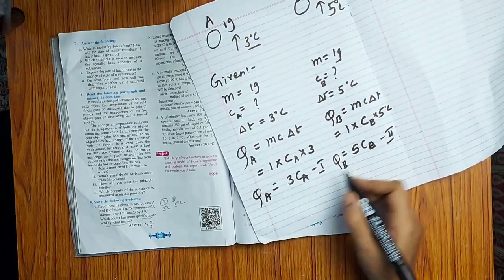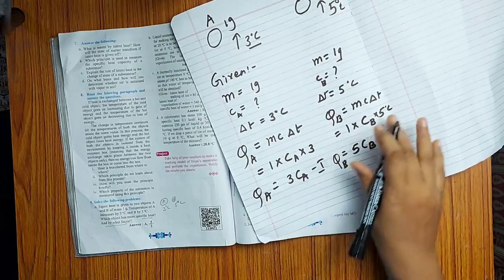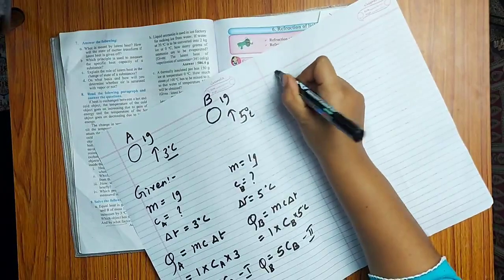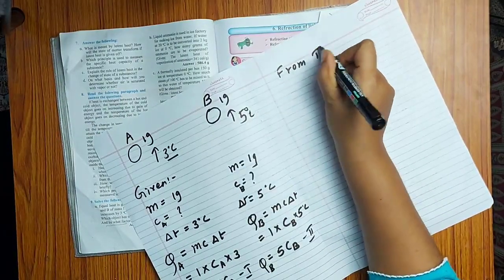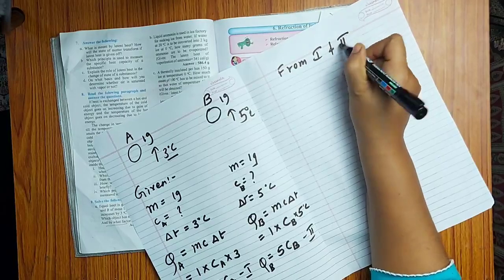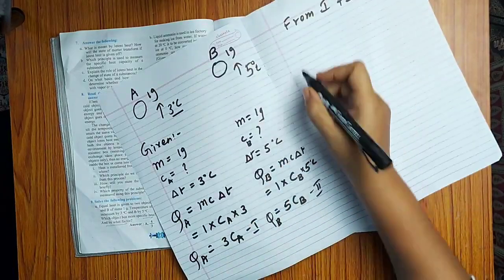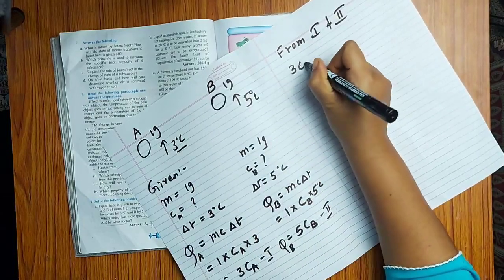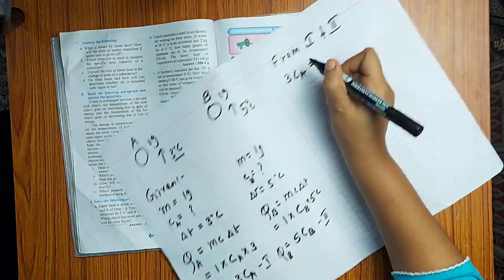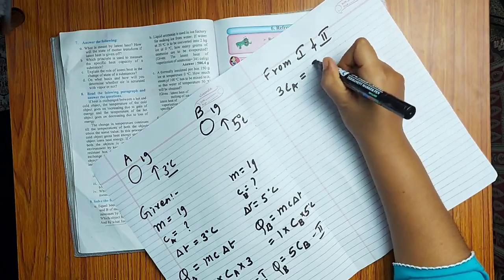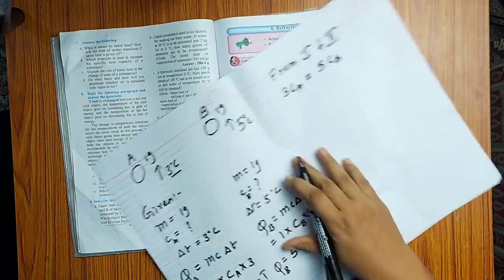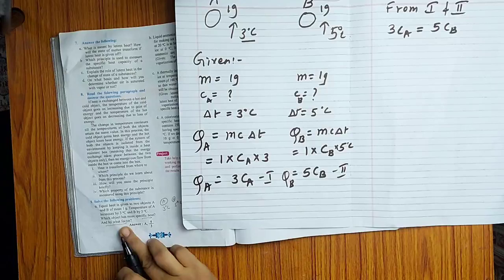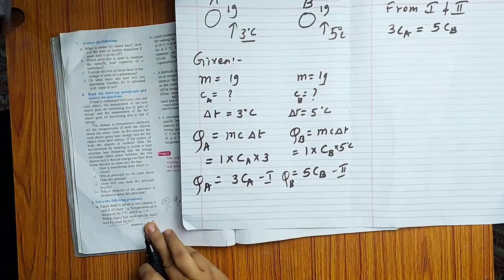Now, since both are given the same heat, from 1 and 2 we equate the heat of the objects, that is 3 CA is equal to 5 CB. Now we'll see what is asked. Which object has more specific heat?